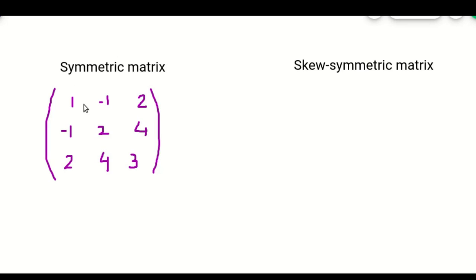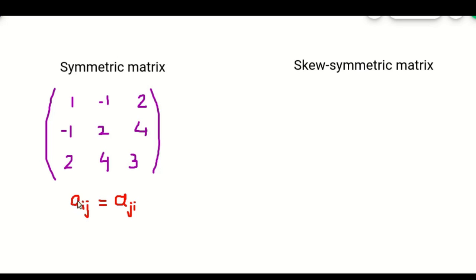If I have to write the equation of this, then I can write Aij is equal to Aji. This means the element Aij must be equal to Aji. So this is one element, this is 1 2, 1 3, 2 1, 2 2, 2 3, 3 1, 3 2 and 3 3. You can see element 1 2 and element 2 1 are the same. Elements 1 3 and 3 1 are the same. Elements 2 3 and 3 2 are the same.